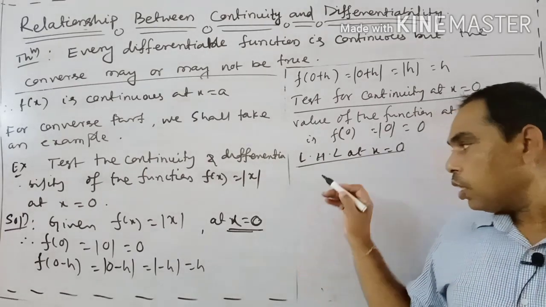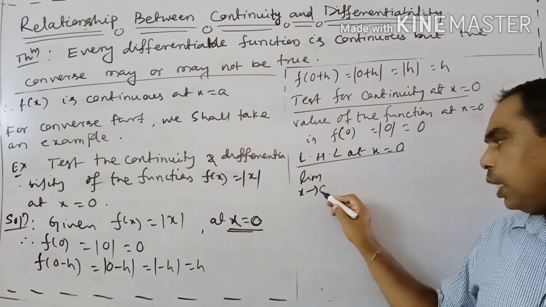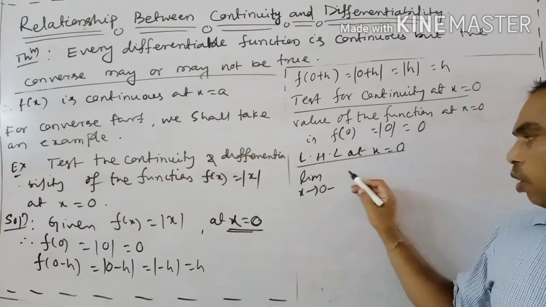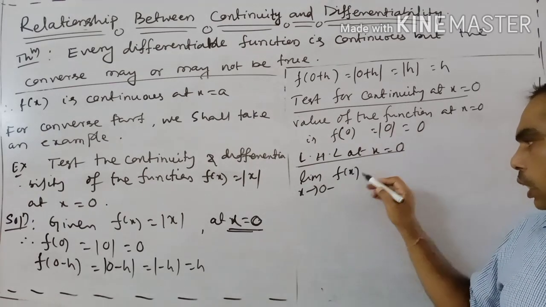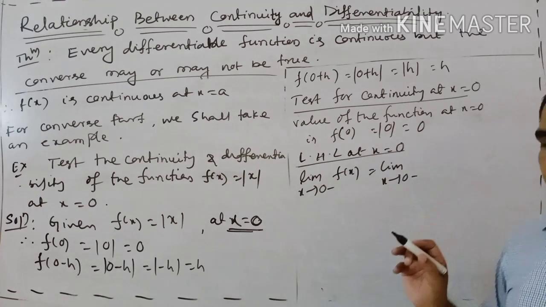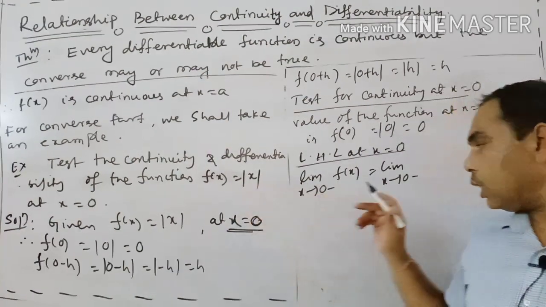Step 1, write limit x tends to 0 minus f x is equal to limit x tends to 0 minus, what is f x? f x is mod x.